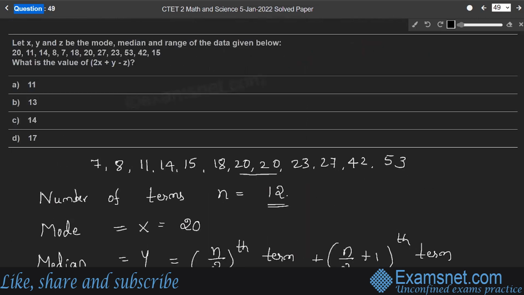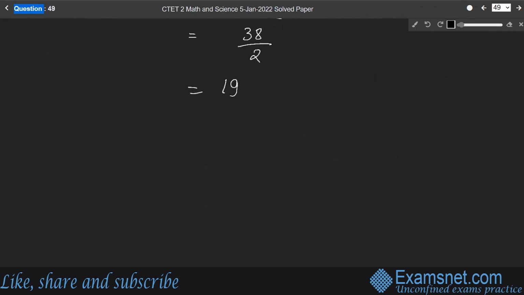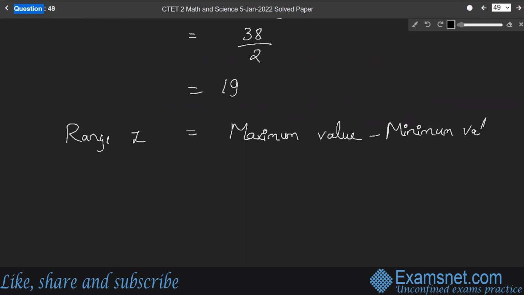So next is range. Range z is equal to maximum value minus minimum value. So what is maximum value in the given data?